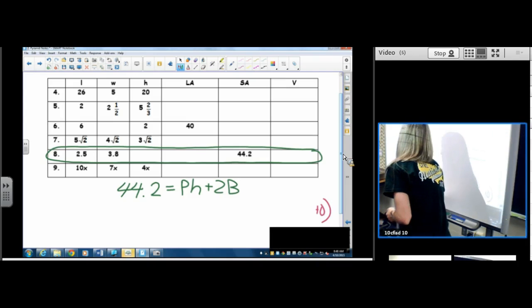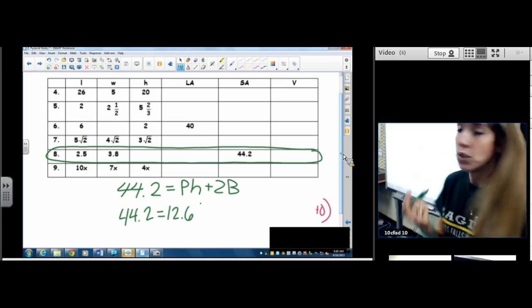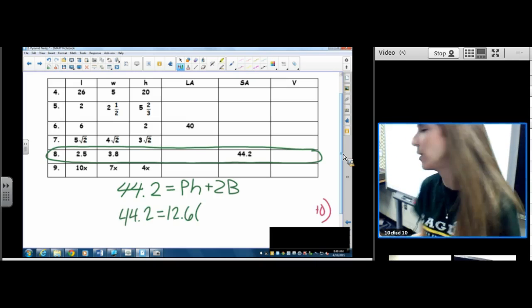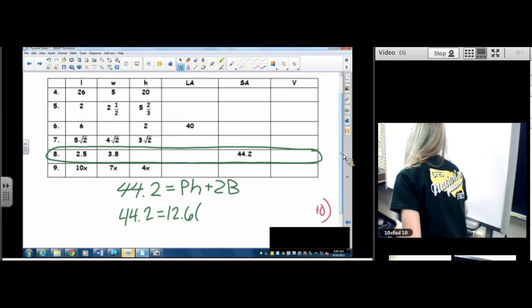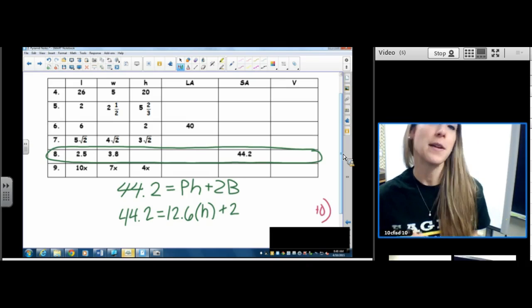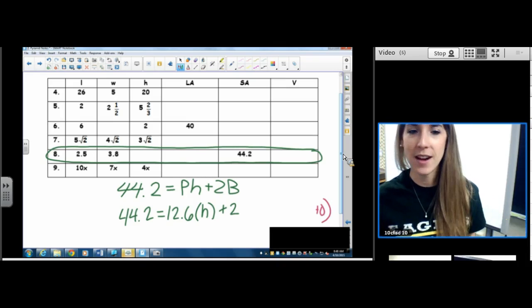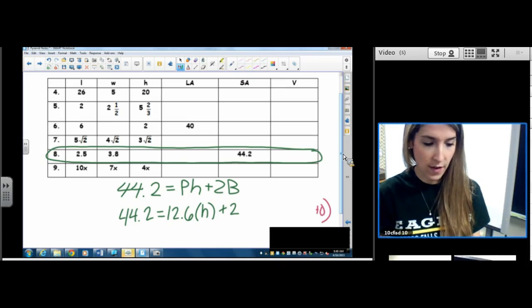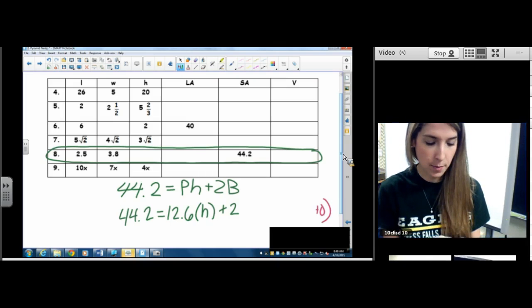So far, this equals 12.6 times, do we know the height? No, that's what we're looking for. Don't know it. Plus 2 times, do we know capital B? Well, if we know the size of a rectangle, then we know the area of the rectangle. 2.5 times 3.8.